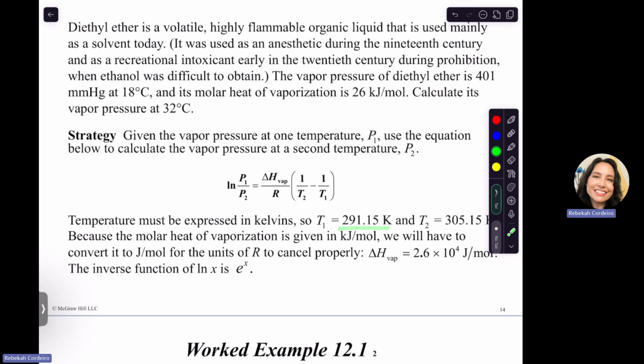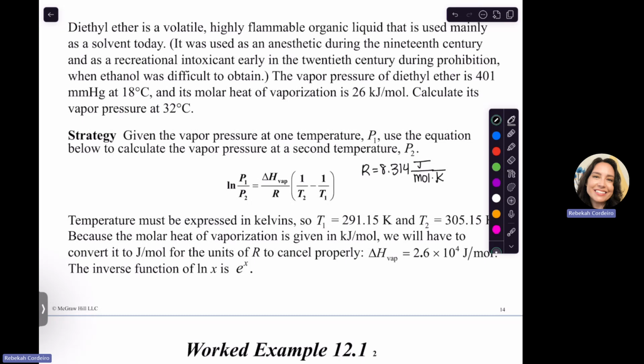Because R is 8.314 joules per mole Kelvin, the gas constant on the front of your equation sheet, in the bottom right under the periodic table. I have to match those units, so I have to have Kelvin and I have to have joules.